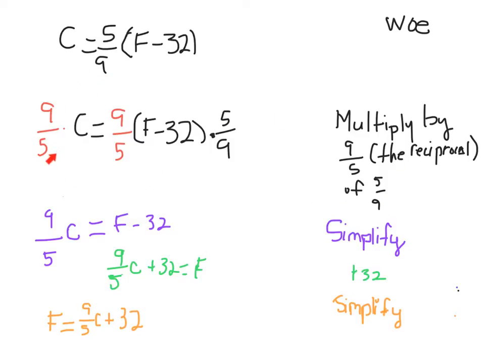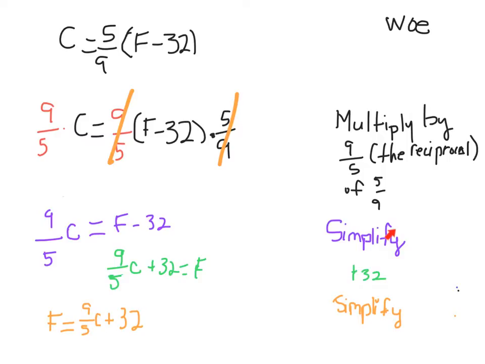So that would be 9/5 times C equals 9/5 times F minus 32, times my original 5/9. What that does is it takes away those two. What we're left with is 9/5 times C equals F minus 32.